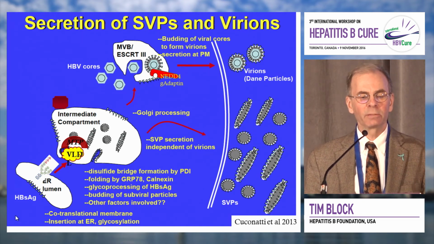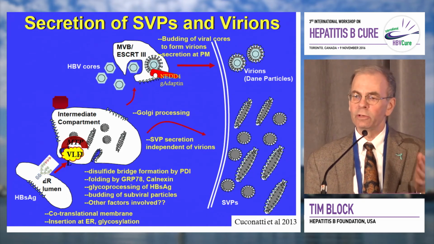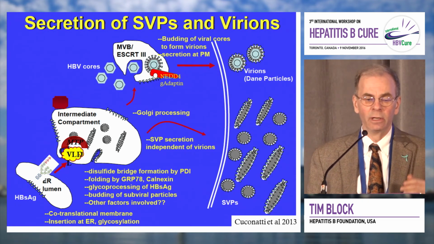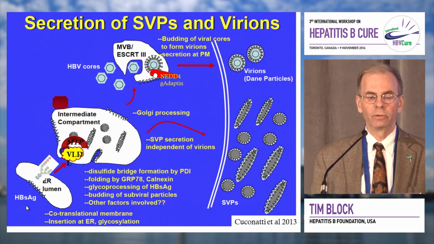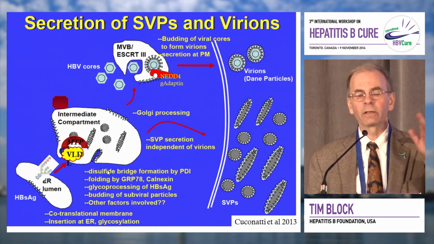So hepatitis B surface antigen is produced, you can't see it here, from the subgenomic RNAs, in the 2 to 2.5 kb transcript region, and I point that out because they may be regulated and controlled differently than the whole genome, pregenomic RNA. The protein is synthesized at the ER, and I'm not going to go into all this.